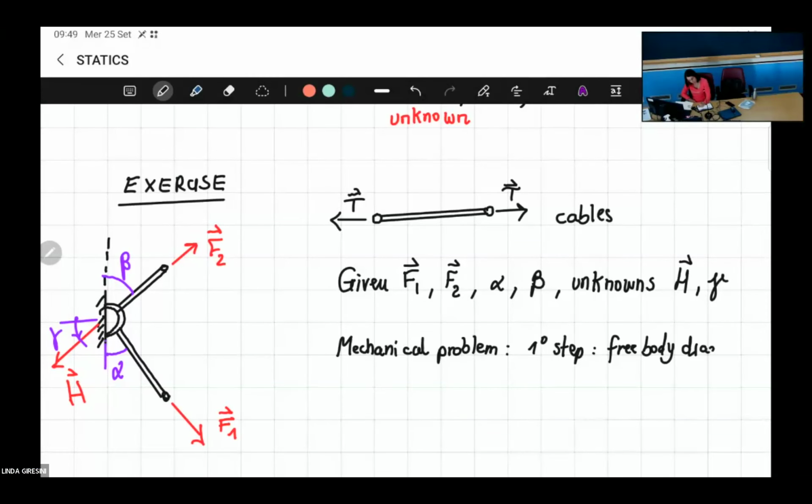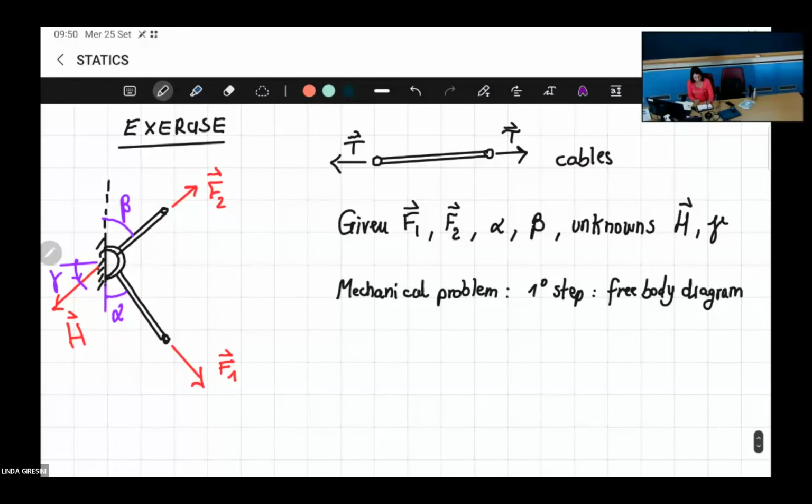So to isolate the mechanical system and focus our attention on the forces involved in the system, including the reaction force, which in this case is only one, because the two forces are applied to a single point.